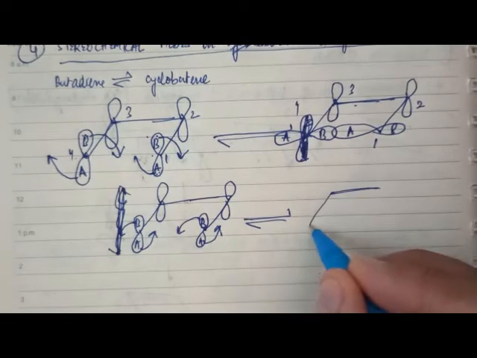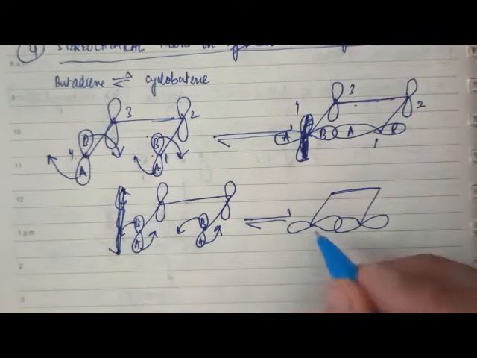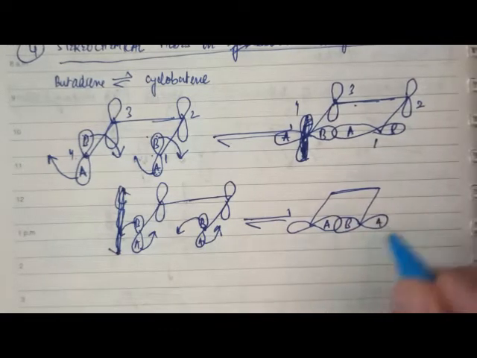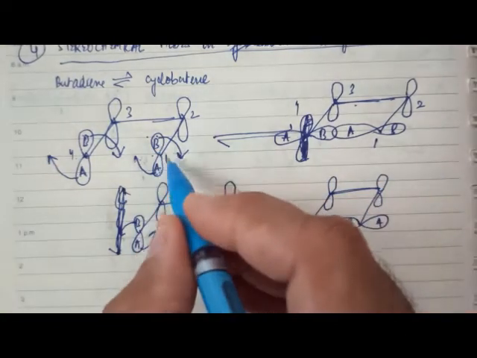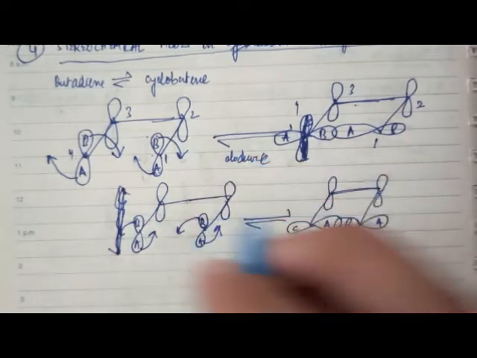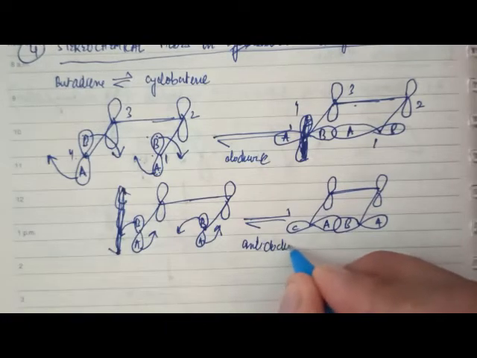They'll undergo a sigma bond overlap like this, where A will come here and B will come here. This is what is happening. That means the two lobes can either go clockwise or they are moving in an anti-clockwise direction.